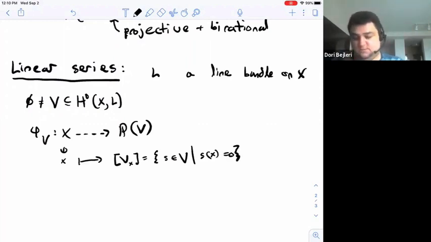Okay, and so that's one kind of invariant way to define this linear series, where we think of this projective space as a space of hyperplanes in V, and it's only a rational map because there might be points where this V_x is not actually a hyperplane.